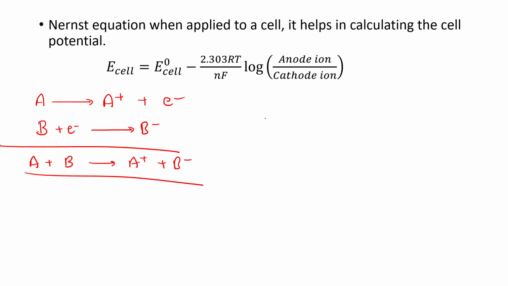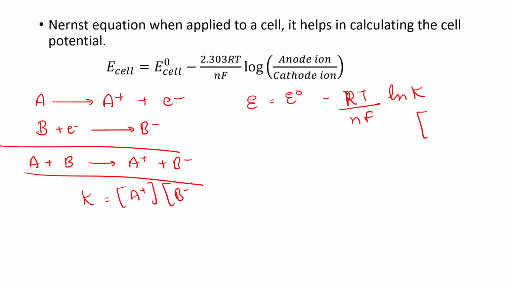So the Nernst equation says E is equal to E naught minus 2.303 RT by NF log K. K for this reaction is the product of the products divided by the product of the reactants.